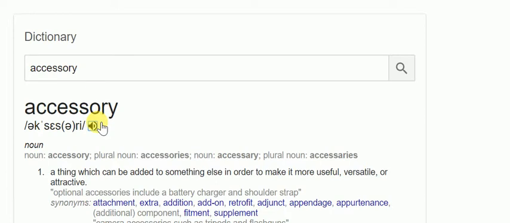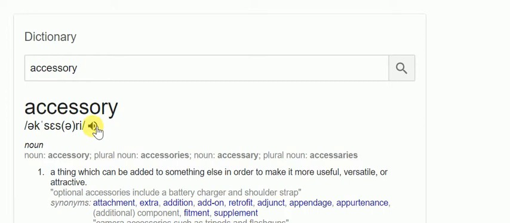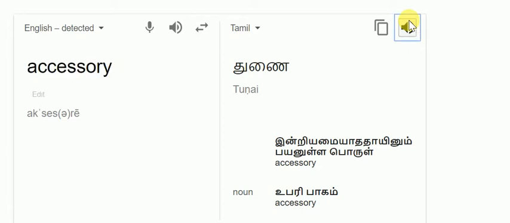You can see the sentence: the optional accessories include the battery charger and shoulder strap. So this is accessory. In Tamil we can say துணை.